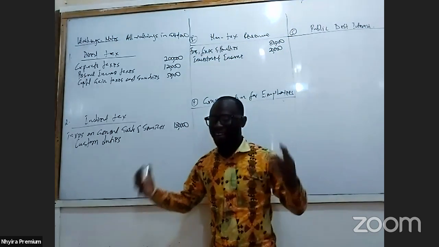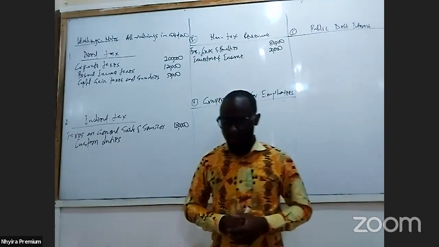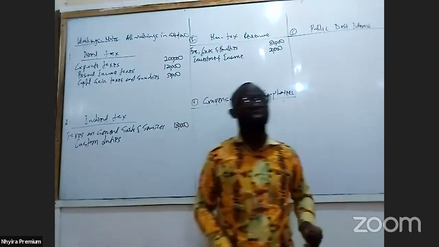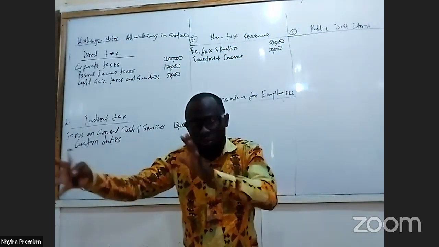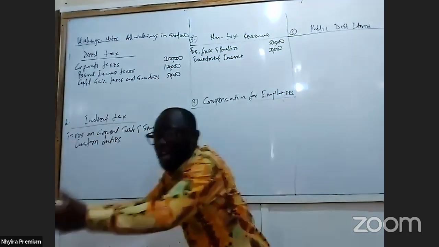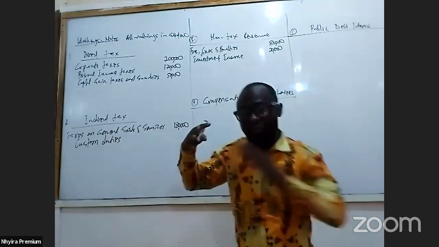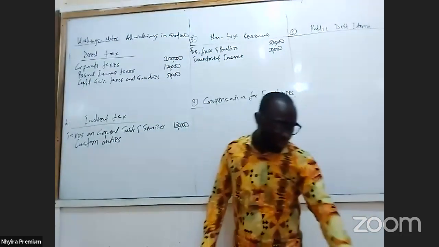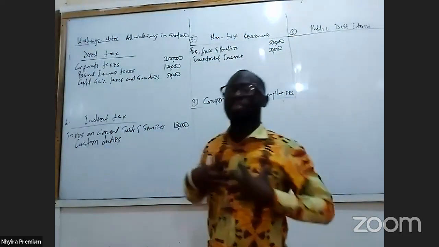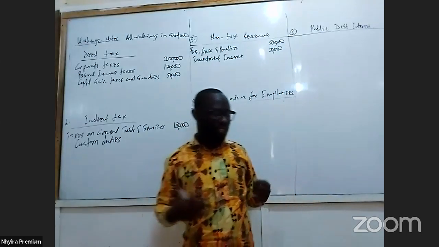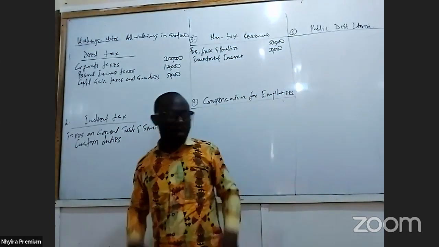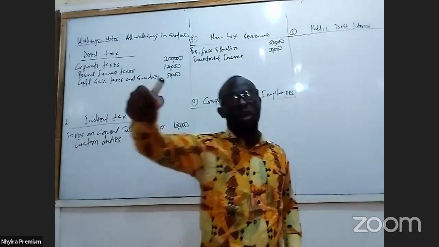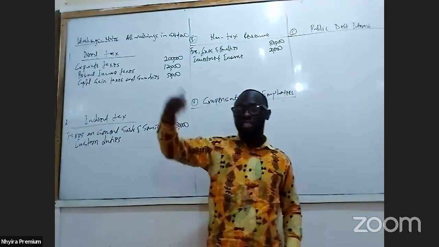Next one, grants. All right, grants. Now, grant is an item on its own. Remember yesterday I told you when it comes to grants, there are two ways that grants can be seen. Grants can be received by the government, and the government also pays grants out, okay? So when it's on the credit side like this, it means grants received by the government. If it's on the debit side, that means the grants that government pays to the District Assembly Common Fund as well as to other statutory funds.